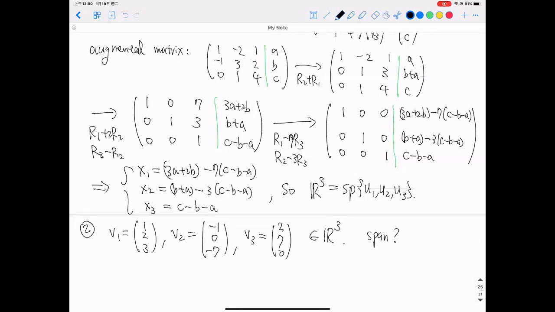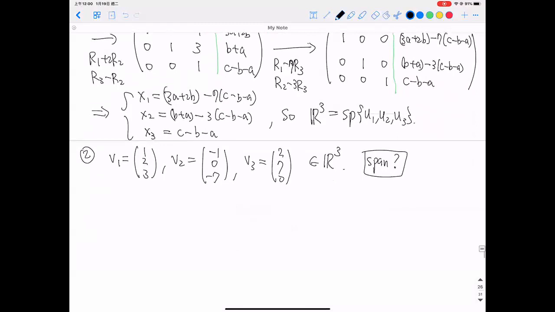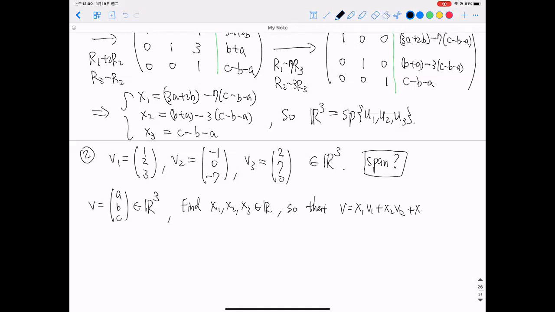And the question again is, do they span? You again formulate on the same setup. That is, you take an arbitrary vector from R3, call it v, and try to find coefficients x1 through x3 so that v is the linear combination of v1 through v3 with coefficients x1 through x3.